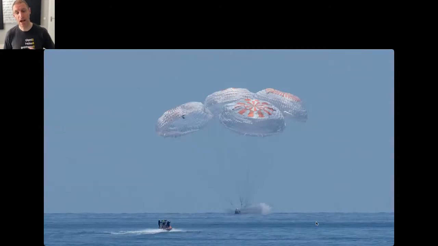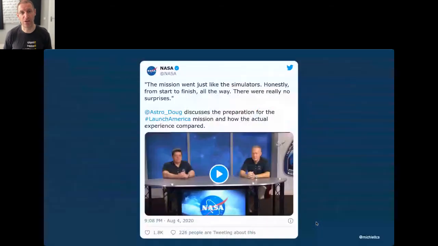So what caught my eye as they came back, landed safely and started their debriefing, they shared a few of the things that they were talking about. So one of the things they were talking about is how their mission was just like the simulations, how there really was nothing that went awry, that went wrong. And I think I detected a little bit of boredom in their voices, right?